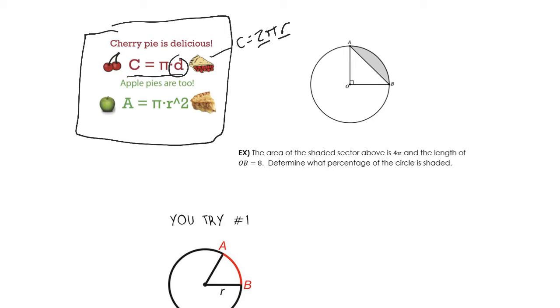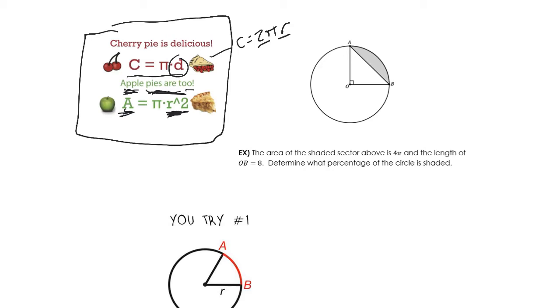But cherry pie is delicious. So just a little saying that might help you. C equals pi d. Apple pies, so for area, apple, R2. R2 like R squared. So then we do pi times R squared. It's just a little saying. If it helps you, it helps you. If not, you could just memorize it.